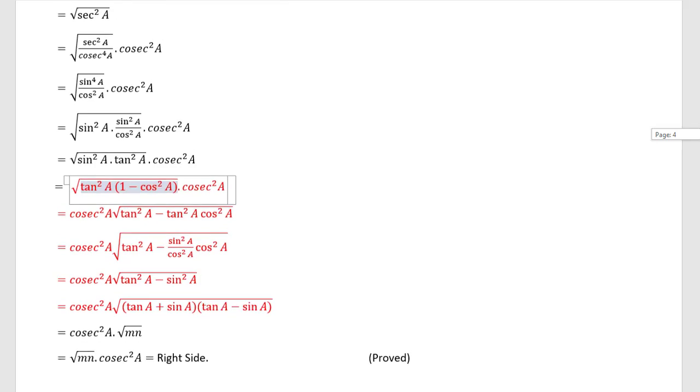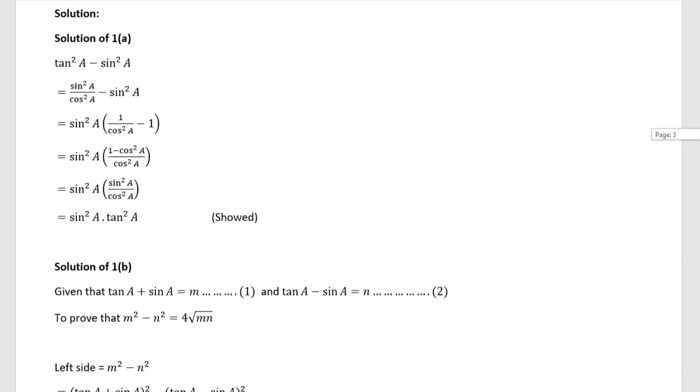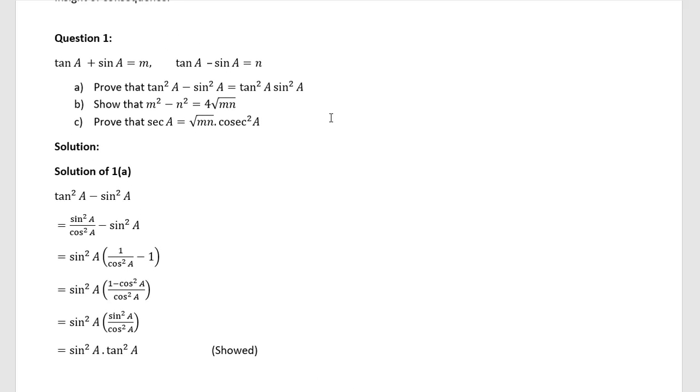and you can see that I have designed this question in such a way that we have used the same technique for proving three different identities, or proving three different statements which are given. The same thing we have done to and fro.